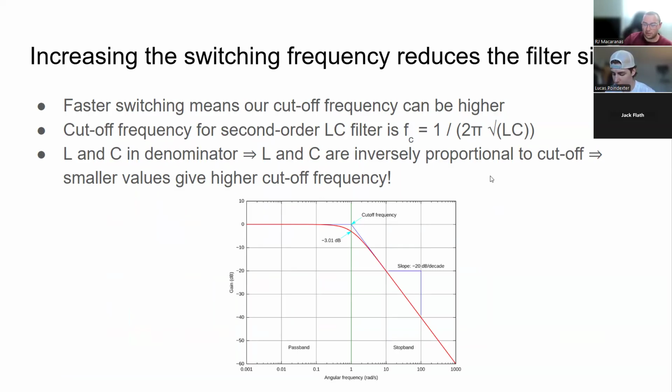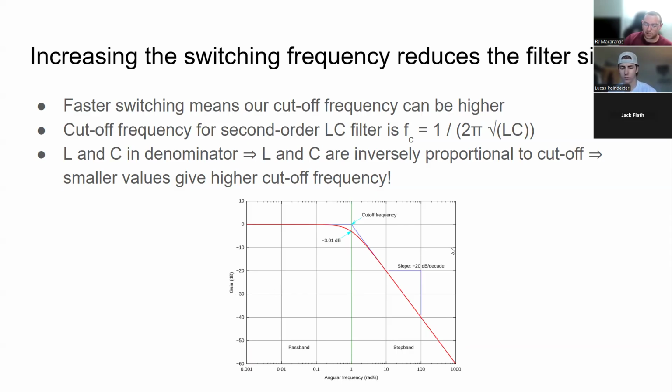So they're inversely proportional to our cutoff frequency. If we have smaller values, then we can get a higher cutoff frequency, right? So if I switch faster, then I can use a higher cutoff frequency, right?